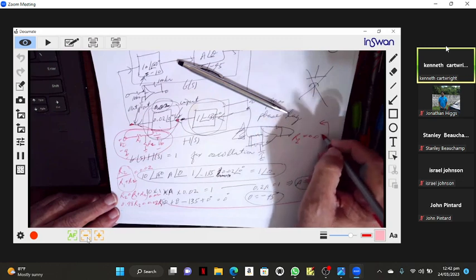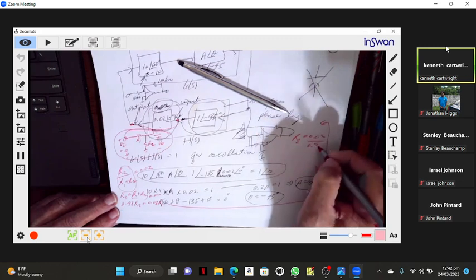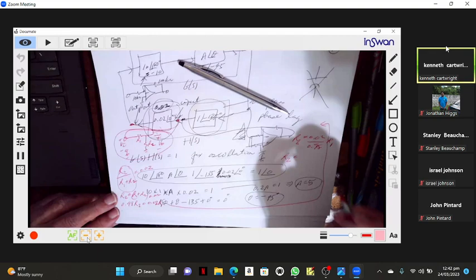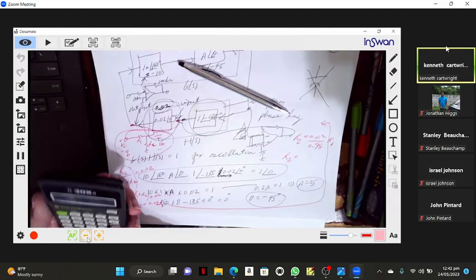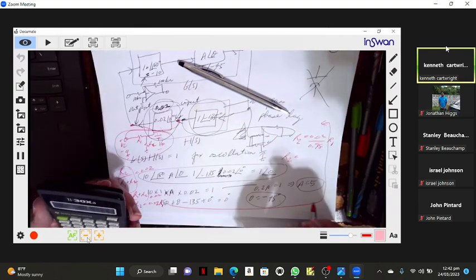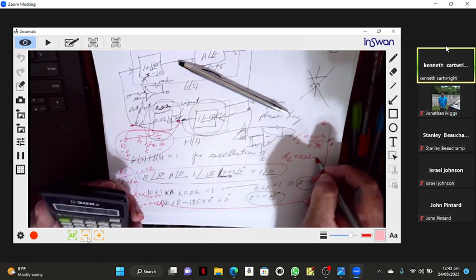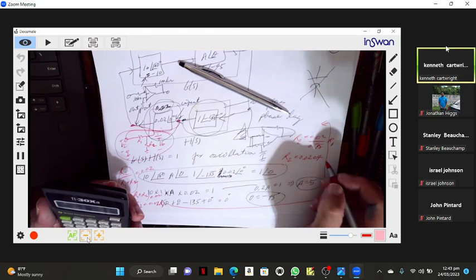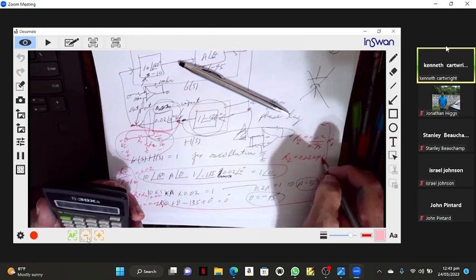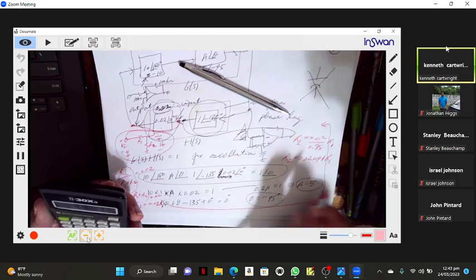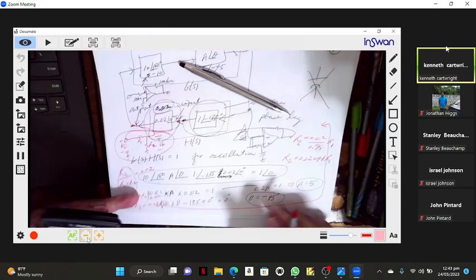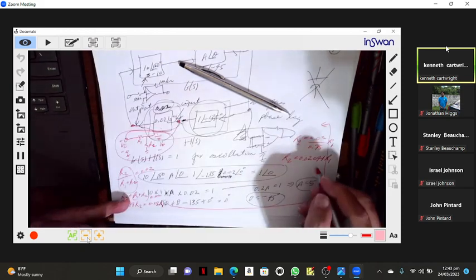So R2 equals 0.0204 R1. Choose a value for R1. Let's say 10K.